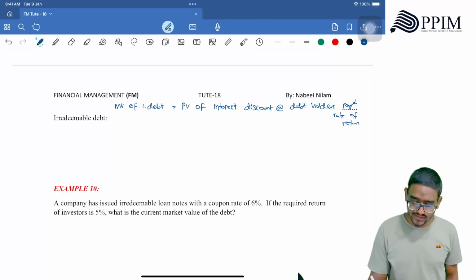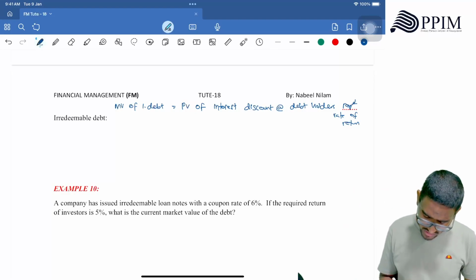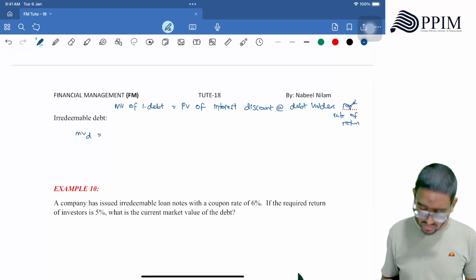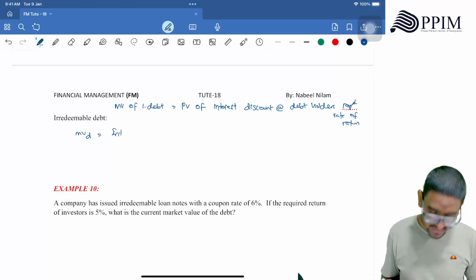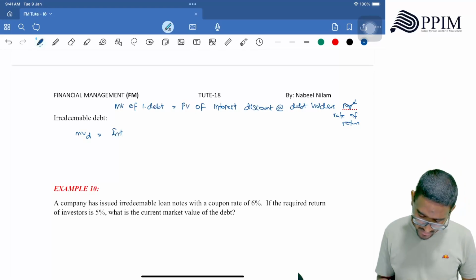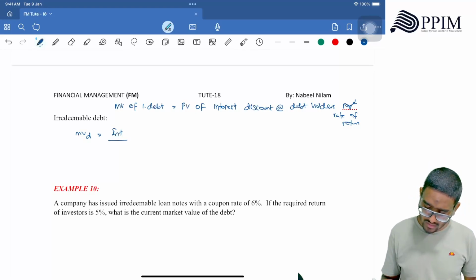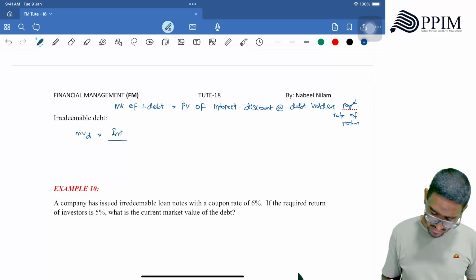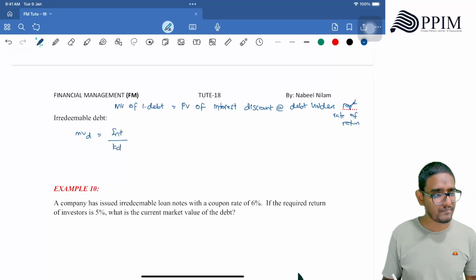Put notations into this equation: market value of debt is equal to the present value of interest. Interest is received in perpetuity, and you divide by debt holders' required rate of return, which can be KD.